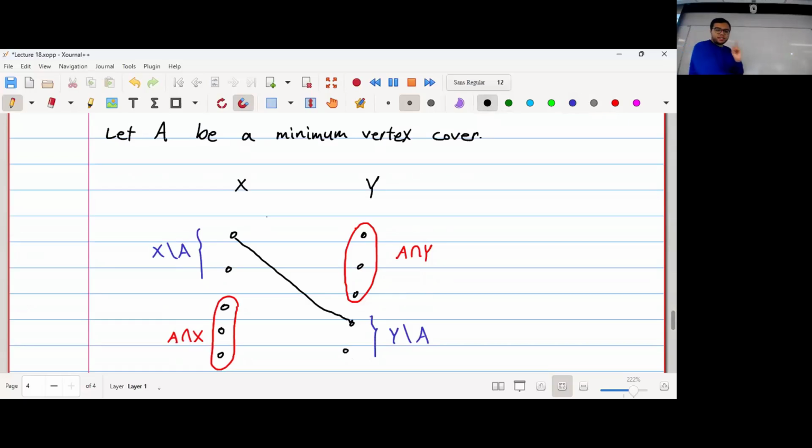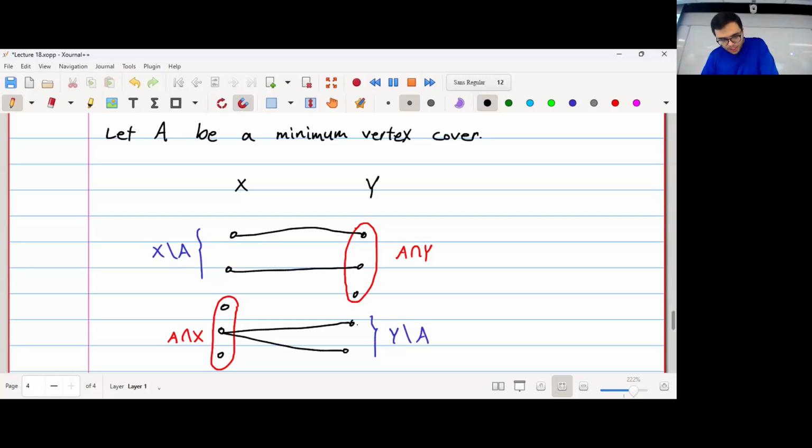So A should have at least one of the endpoints of every edge. So I cannot have an edge like this because both of the endpoints are outside of A. So all of my edges are either like this, so they have their A endpoint on the right, or they're like this, so they have their A endpoint on the left. Or I can also have edges that are covered by both sides. So I can have this kind of edge. But I cannot have an edge between the two blue parts.